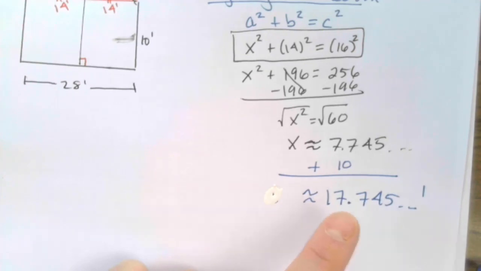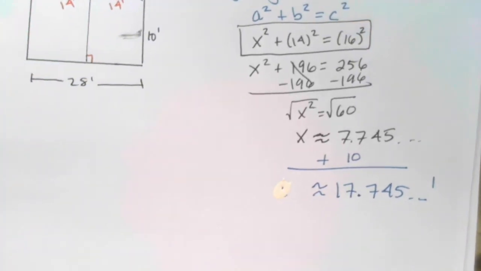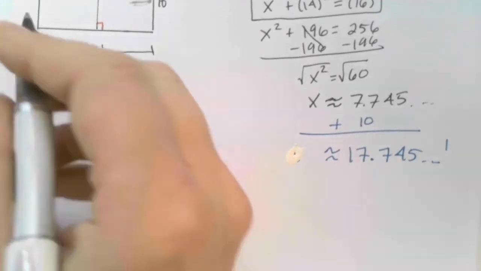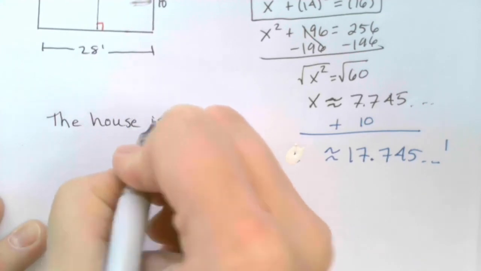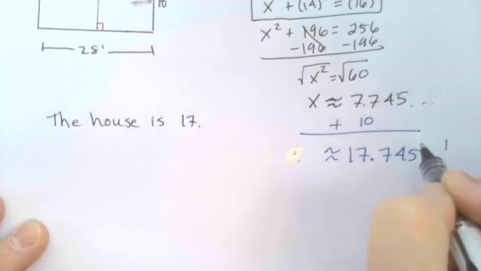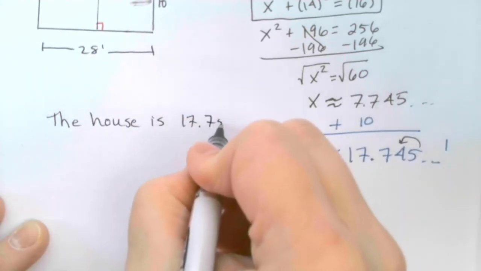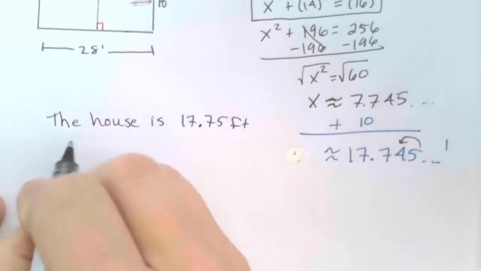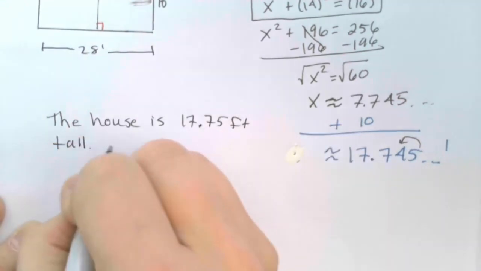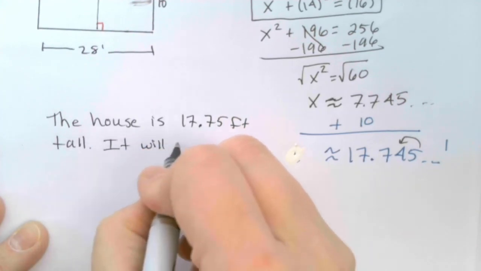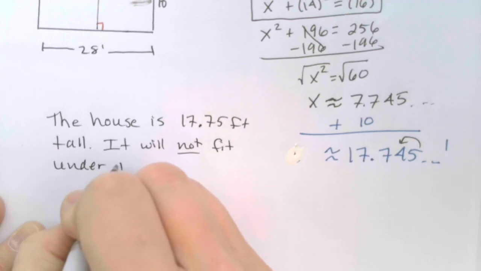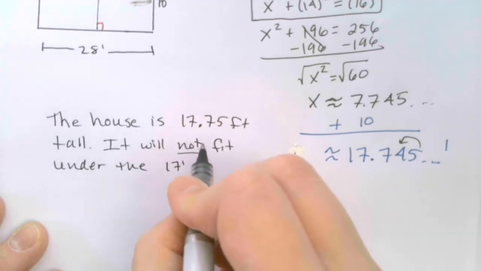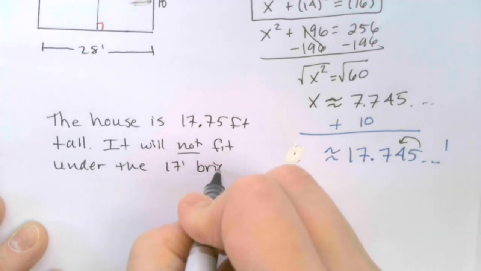It's already almost a foot too tall, and that doesn't even include the height of the trailer it's sitting on. So your answer would be the house is, and I'm going to round this, 17.75 feet tall. It will not fit under the 17-foot bridge.